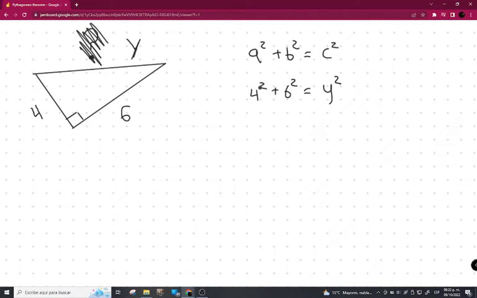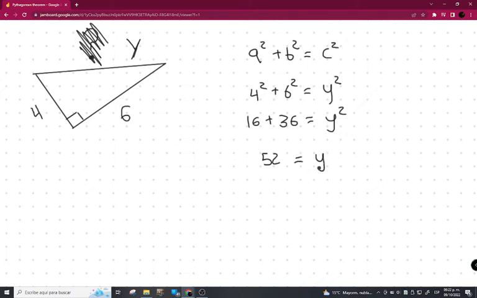Well, 4 squared is 4 times 4, which is 16. 6 squared is 6 times 6, which is 36. And y squared, we still don't know it. So 16 plus 36 is 52.